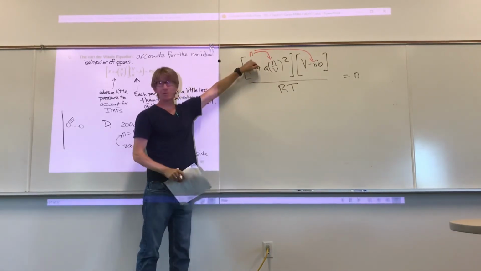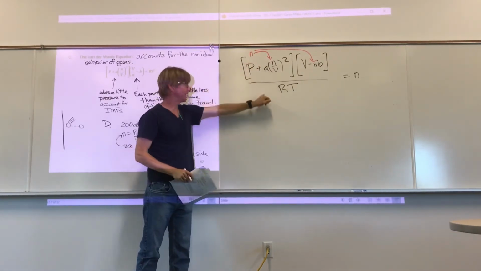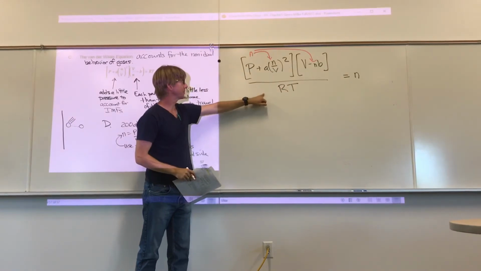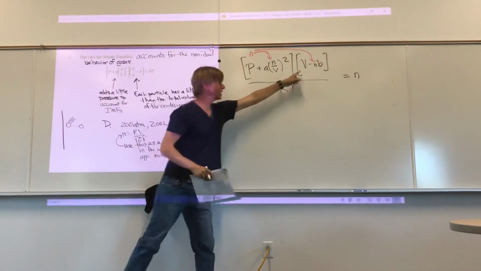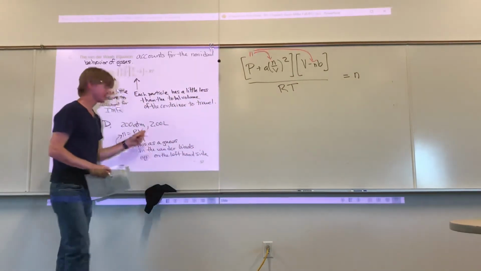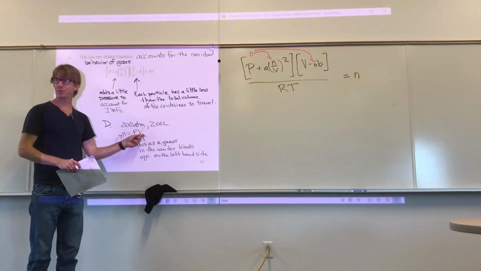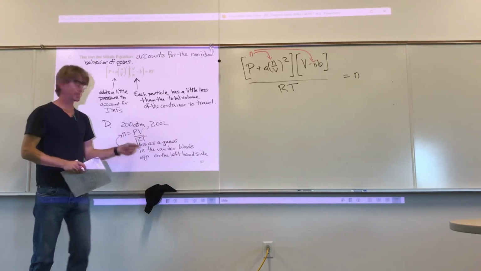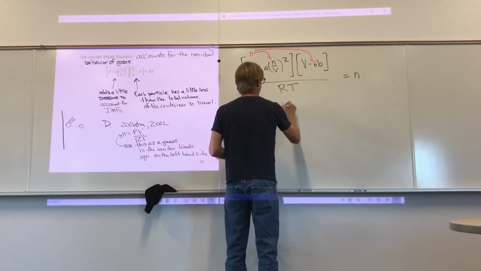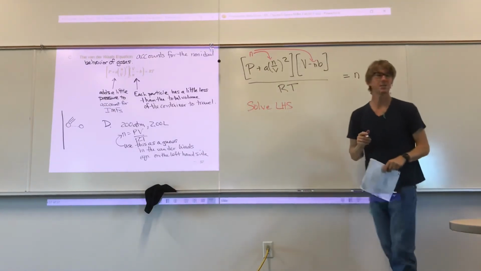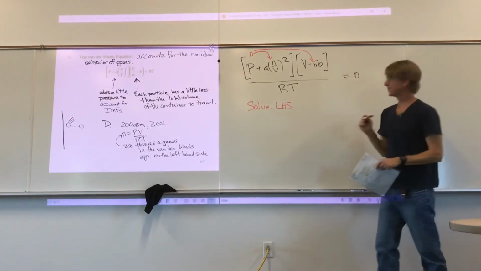You're going to put n from the ideal gas law into this portion of the equation. Your pressure is given, your volume is given, your temperature is 200 degrees above your gas's boiling point. So you're going to solve the left-hand side for n.